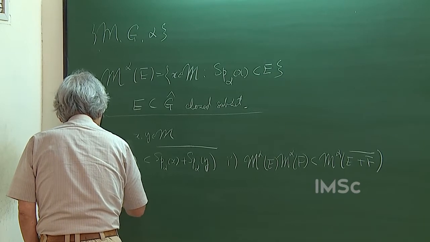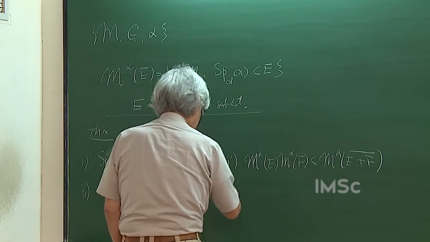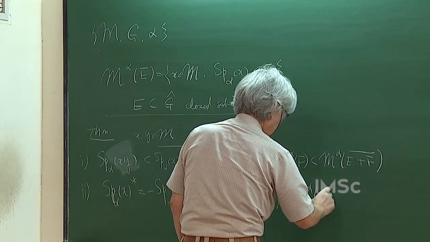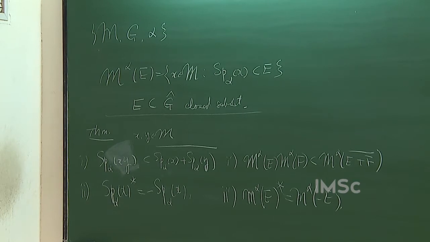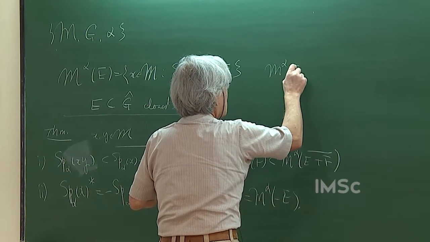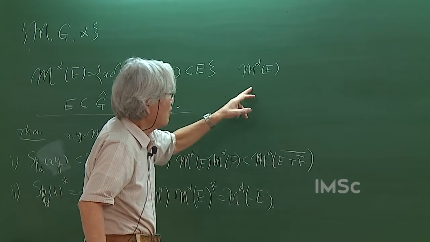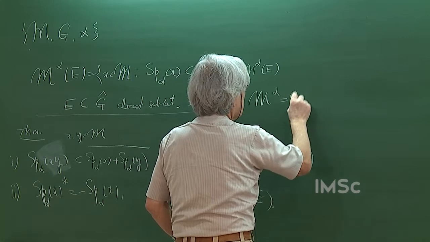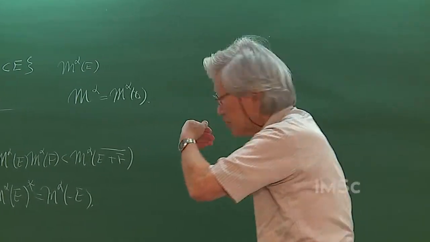The second one is that the alpha spectrum of X star is minus the alpha spectrum of X. And so M_alpha(E) adjoint is M_alpha(minus E). Now M_alpha(E) is the set of those elements whose oscillation modes are in E. Obviously this includes the fixed point algebra M_alpha, since the alpha spectrum is 0, that doesn't move, so no oscillation whatsoever.